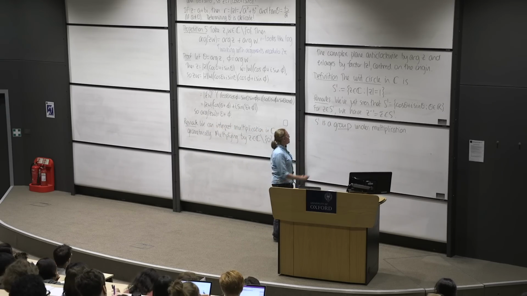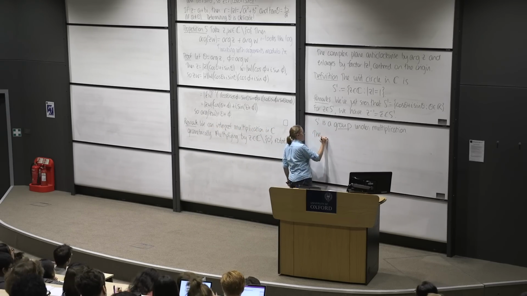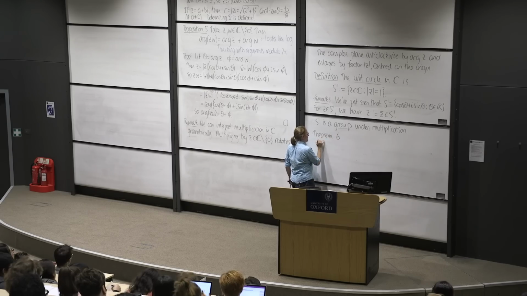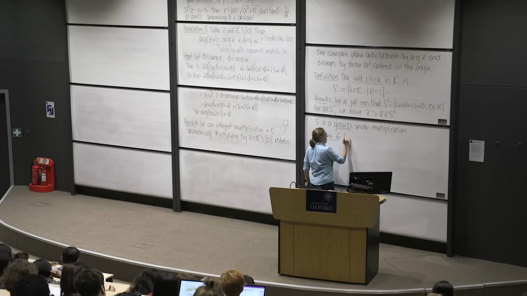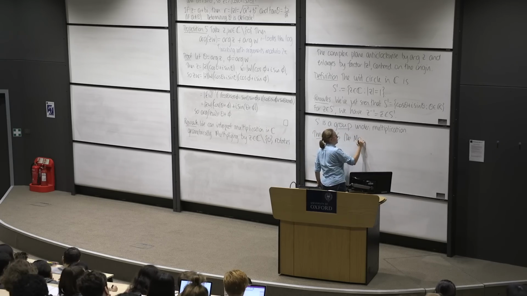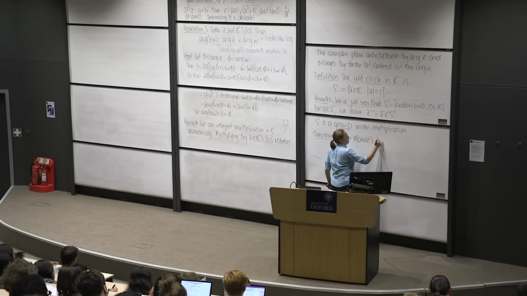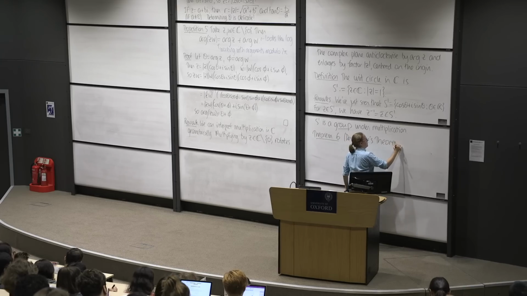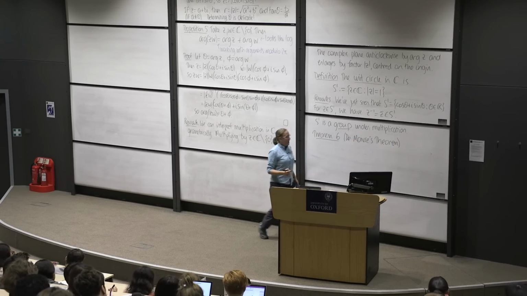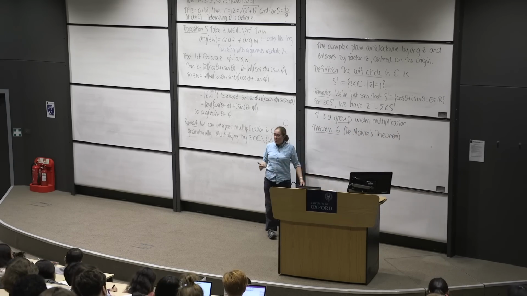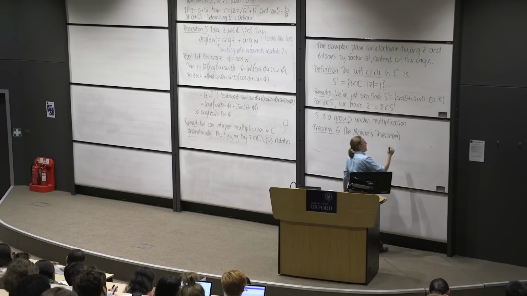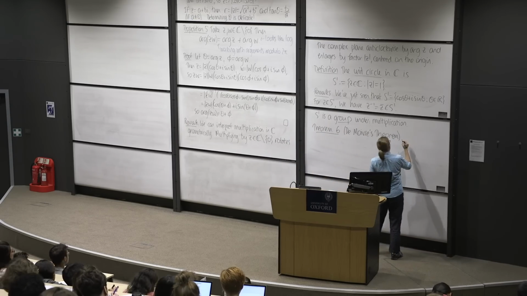So here is a really super exciting result about numbers in the unit circle. This is a theorem, and it's called de Moivre's theorem. And this is going to be, I imagine, familiar to quite a few of you, but I might not be phrasing it necessarily in the way that you're used to.